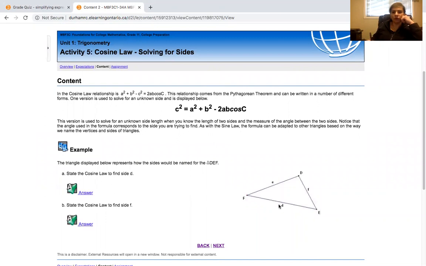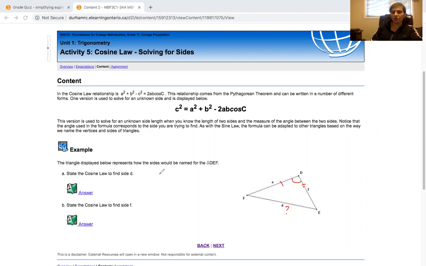So the question here is asking you, the triangle displayed below represents how the sides would be named in triangle DEF. State the cosine law to find side D. So to find side D, what do I need to know? I'm looking for side D. What do I need to know? I need to know E and F, and I need to know angle D, right? So I need to have these.